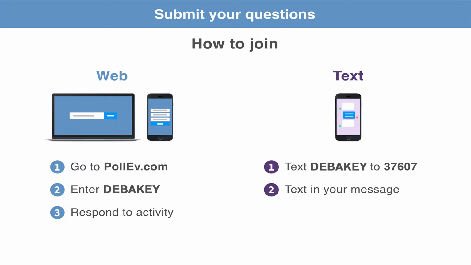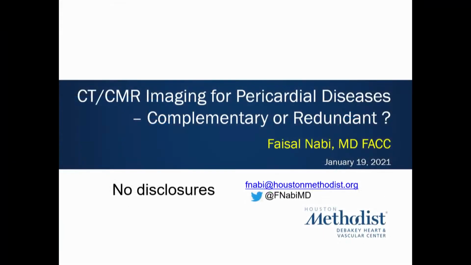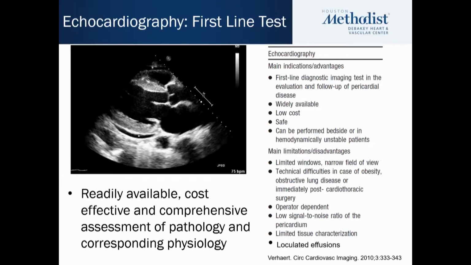So I was charged with speaking on CT and CMR for pericardial diseases, and I completely agree with Dr. Malahfji that echo definitely, because of the hemodynamic information you get, really is the first line test in the diagnosis and management of these patients. However, as you know, with echocardiography, there are some times where you can run into difficult image quality.